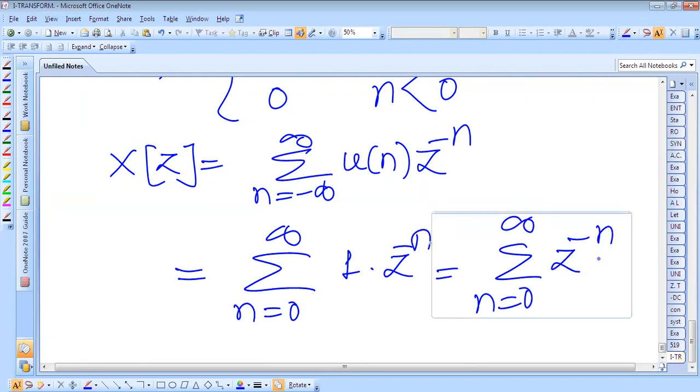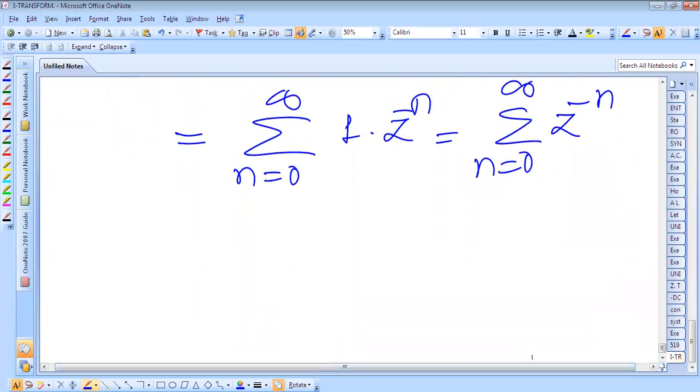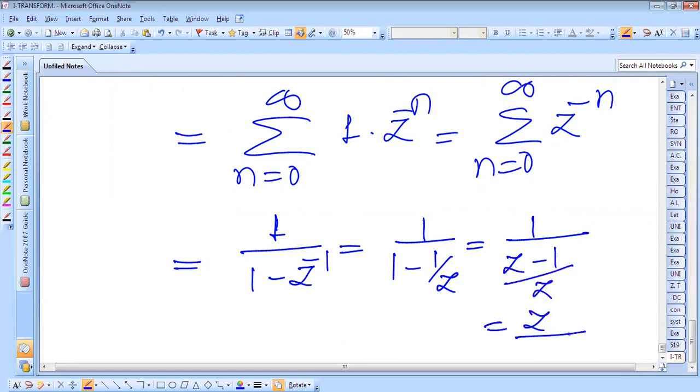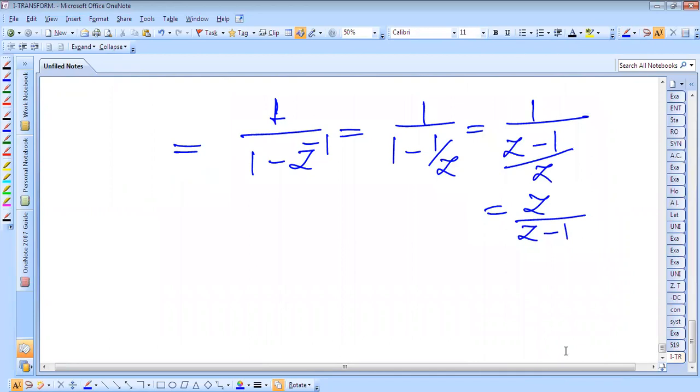So we can write this as 1 over 1 minus z raised to power minus 1. Here the ROC is 1 minus z raised to power minus 1 greater than 0.